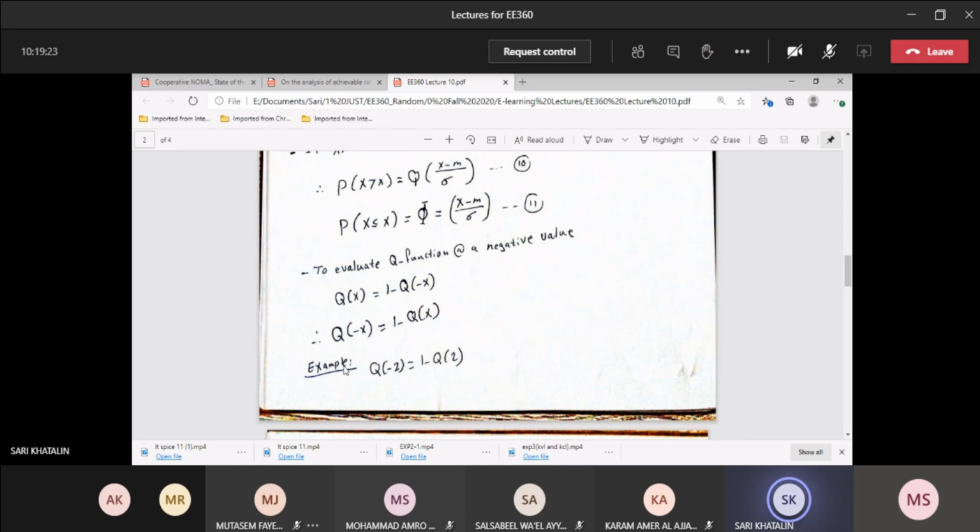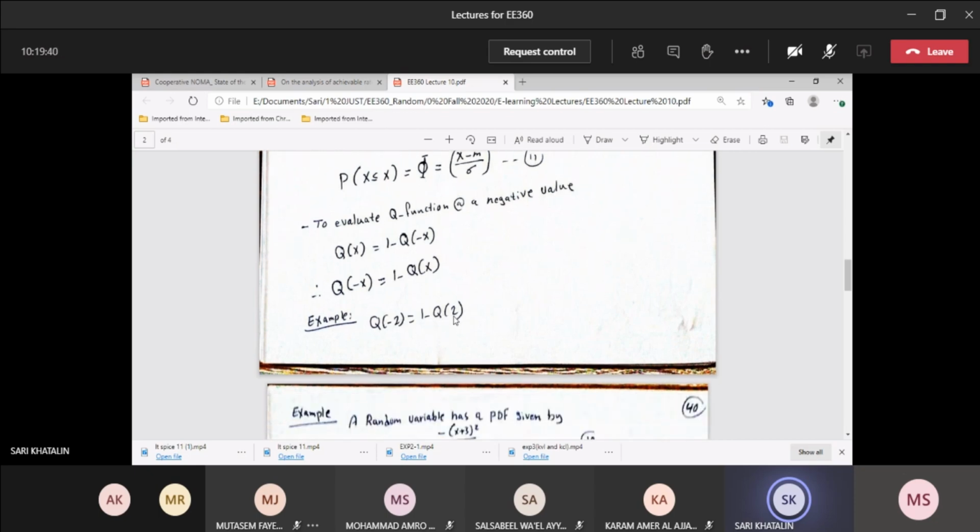As a small example, Q of minus 2 is equal to 1 minus Q of 2. Of course, if you have the table, you can find Q of 2 right away. It should be a number, and you plug it into 1 minus whatever the number is. And we will have an exercise in a minute about this one.